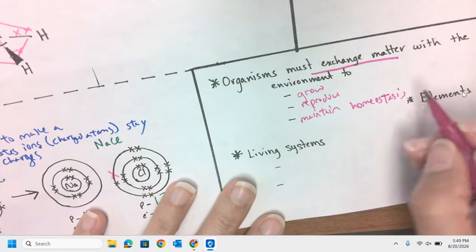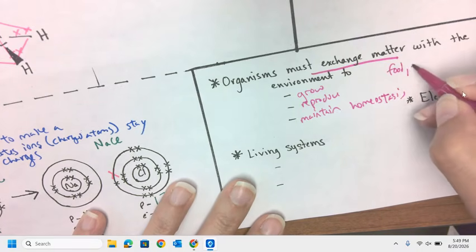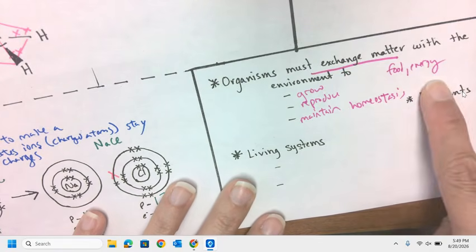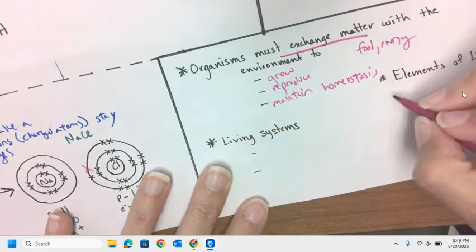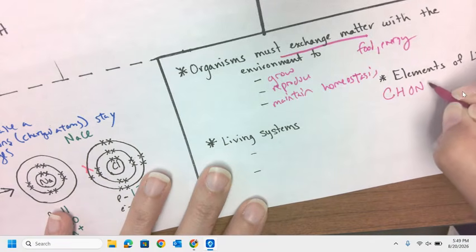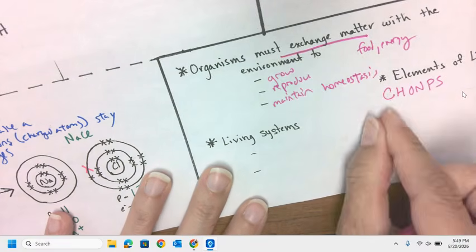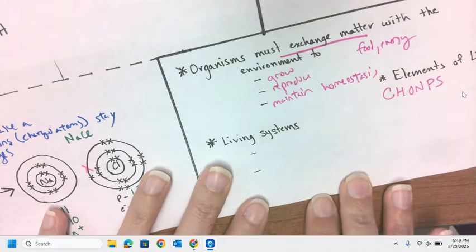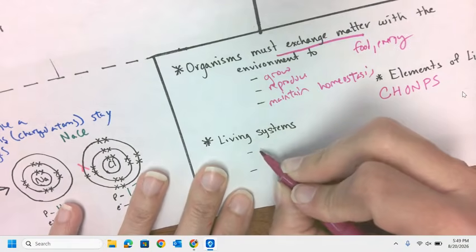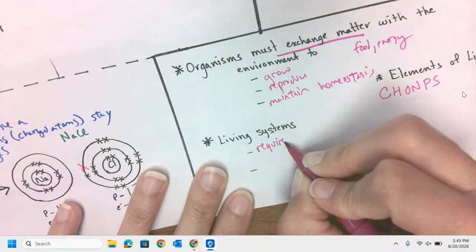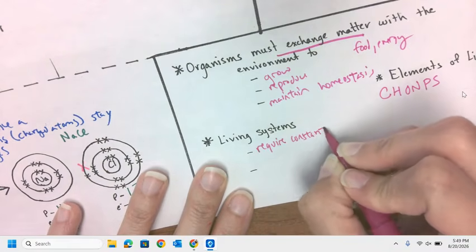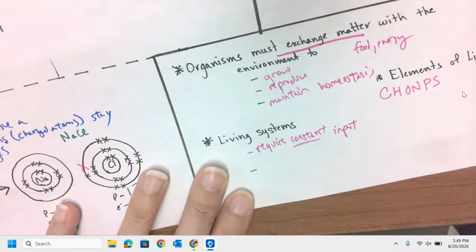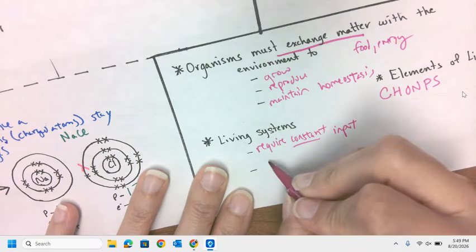We need food, we need energy, to make our body parts. So basically, these elements of life, carbon, hydrogen, oxygen, nitrogen, phosphorus, and sulfur, need to make structures and break them apart for all these things to occur. So we're making and breaking bonds, right?